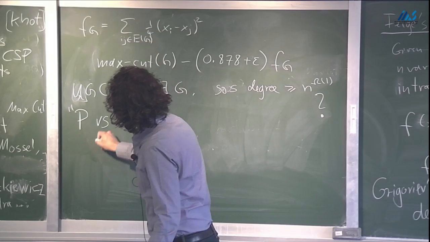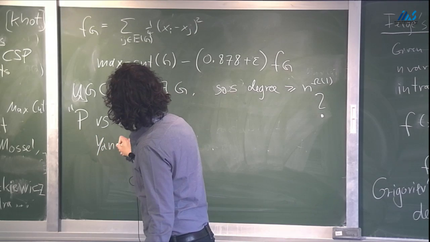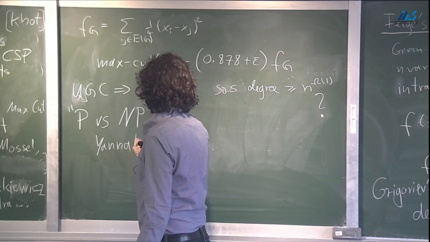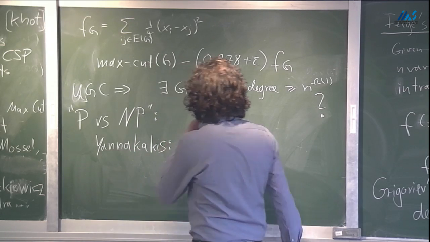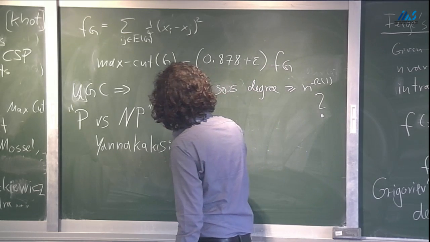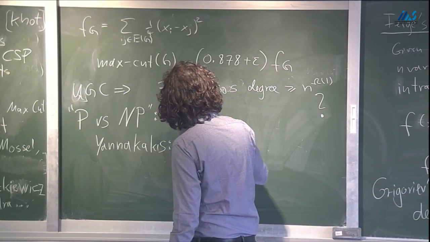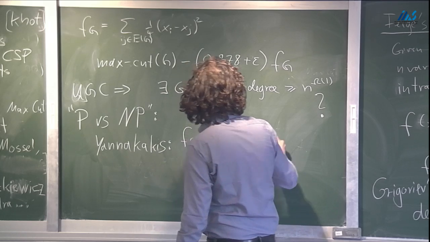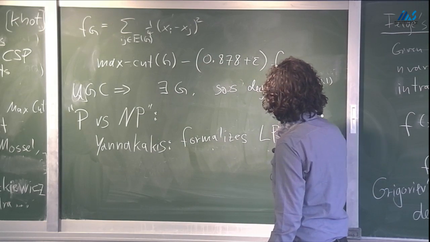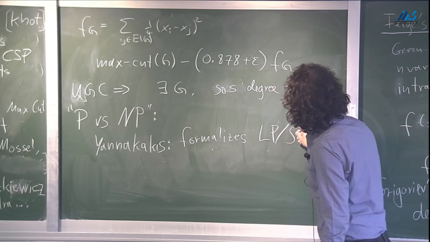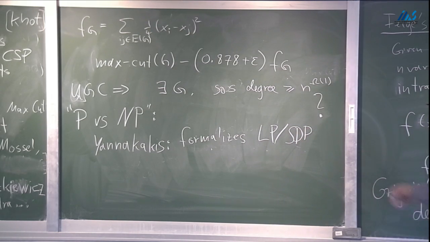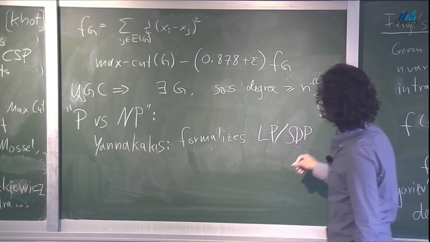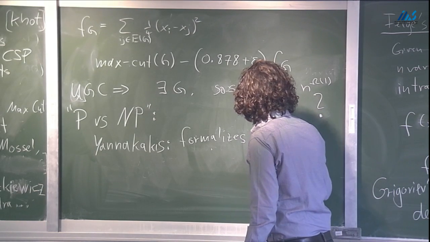And in particular, there's some very nice work by Yannakakis from the 80s. In this work, he formalizes a notion of linear programming, and in some sense, this notion also applies to semidefinite programming algorithms.